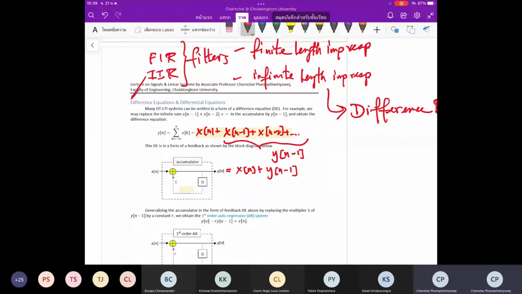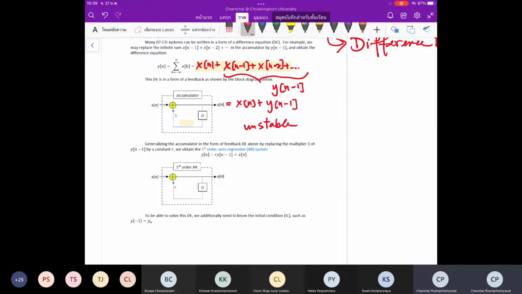This is called the autoregressive. However, it is unstable, right? It's not BIBO stable. To make it more stable, we multiply by r. Okay, we multiply by r.